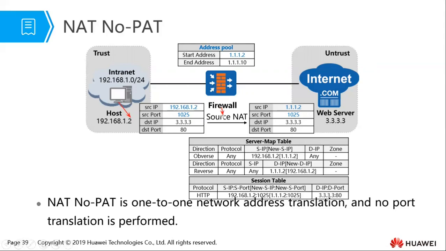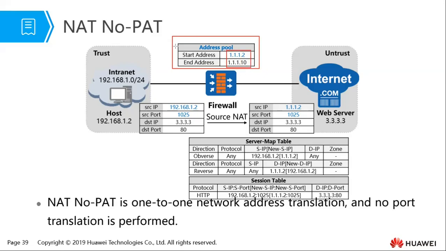NATing is most of the time done by the firewall. So we simply change that to a public IP address, 1.1.1.2. As you can see, the source port numbers remain the same. So we don't change the port numbers. The firewall will have an address pool with a number of public addresses.